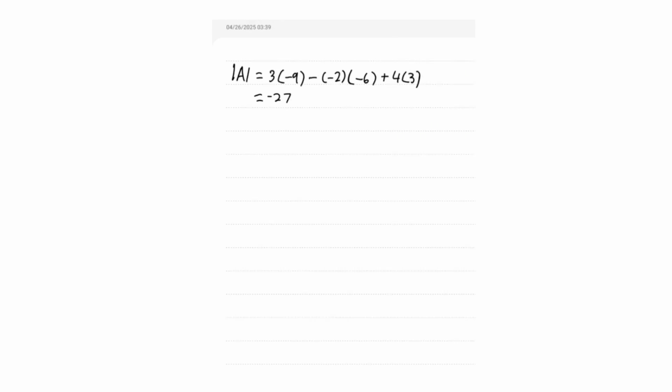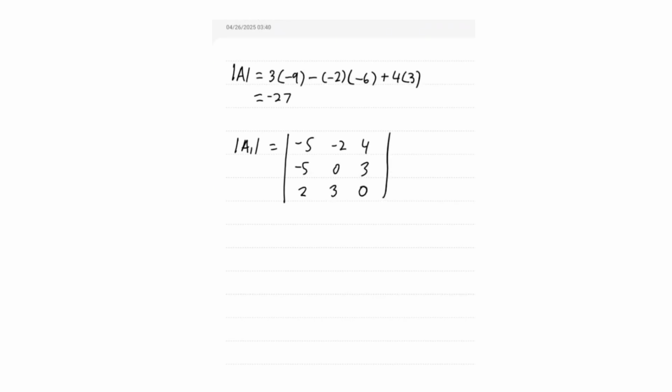Then we must search for the determinant of A1, which is [-5, -2, 4], [-5, 0, 3], [2, 3, 0].